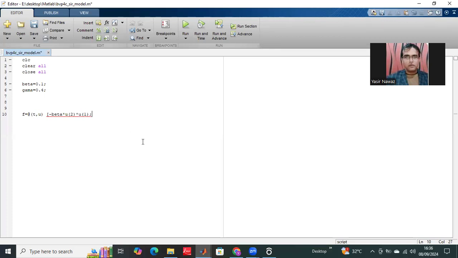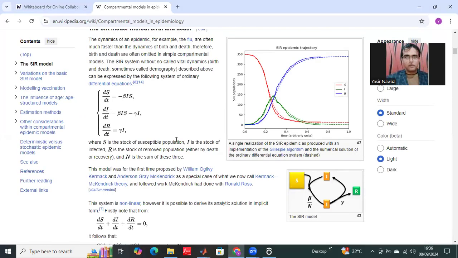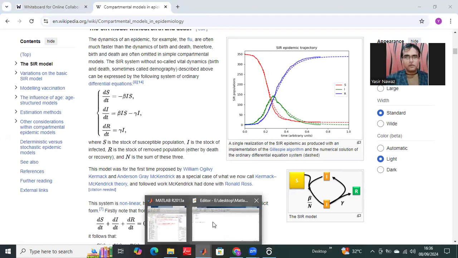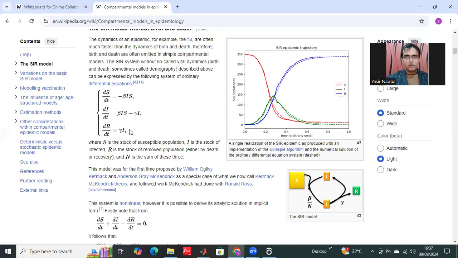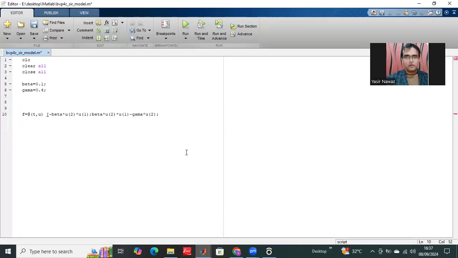And then a semicolon for the second equation. The second equation says dI by dt is equal to beta S I minus gamma I. Beta S I is represented with u2 and u1, minus gamma times u2. For the third equation, the right hand side is gamma I, so it's gamma, and I is represented with u2.